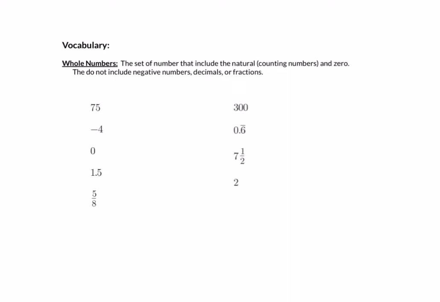They do not include negative numbers, decimals, or fractions to start off with. As you progress through math, this list will get longer. So let's just go ahead and look at some examples and talk about whether they are whole numbers or not.